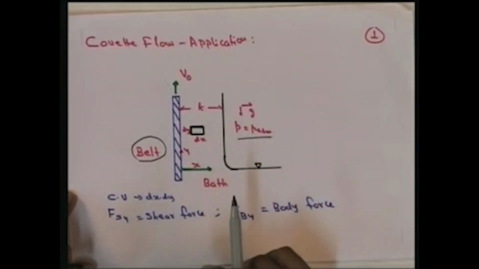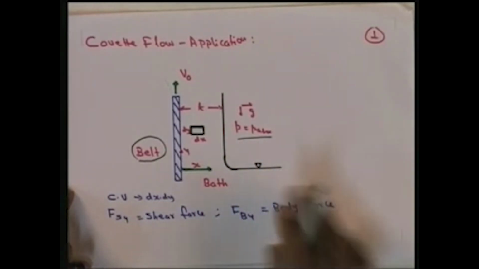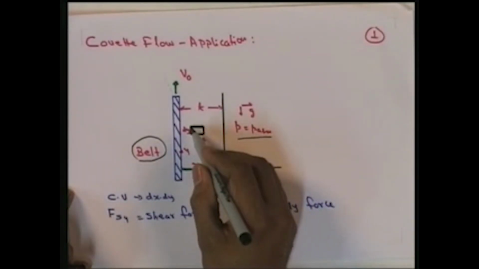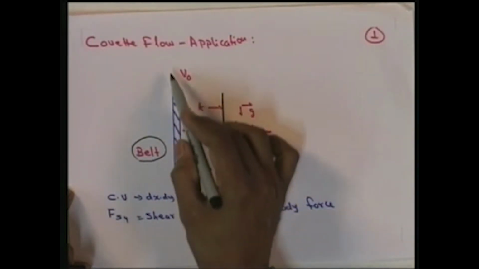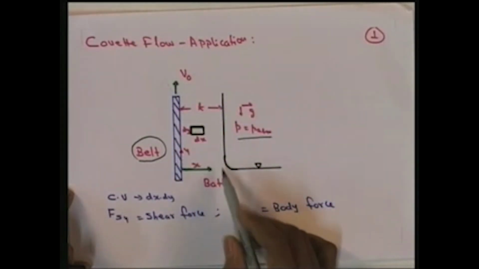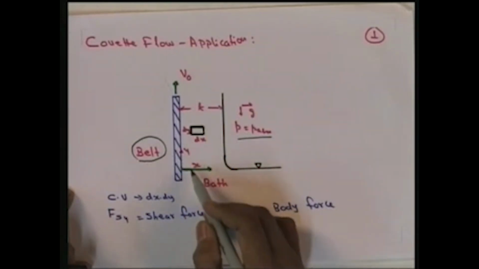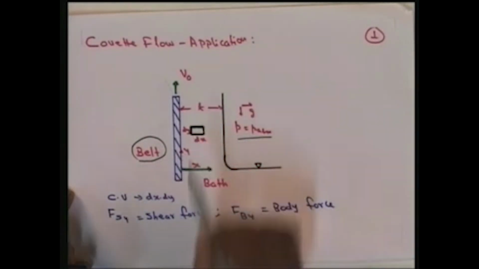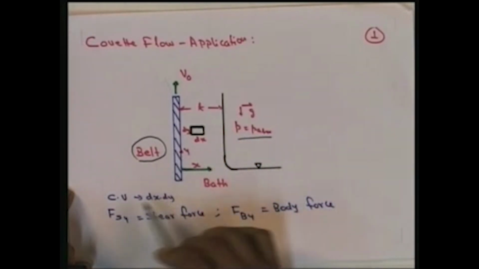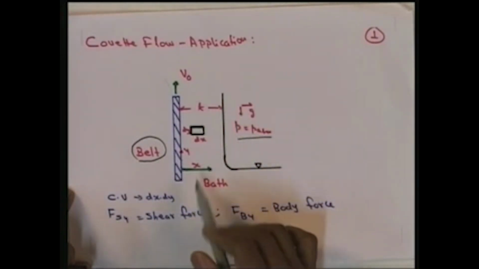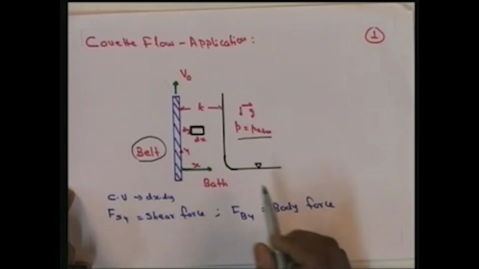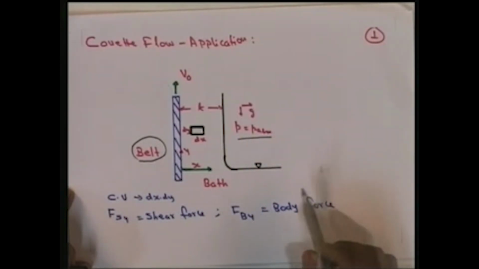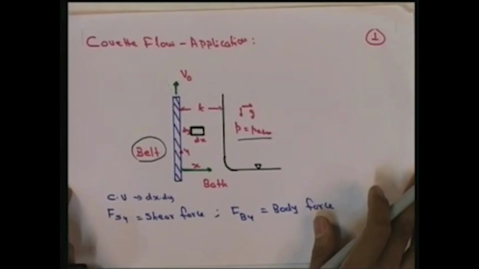As in the previous case, here also we consider a fluid element of size dx by dy. This is the x axis and this is the y axis. The control volume is considered here, dx dy, and compared to the earlier case, there is a body force also.